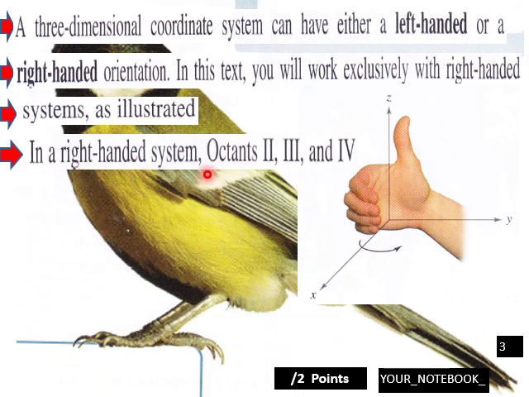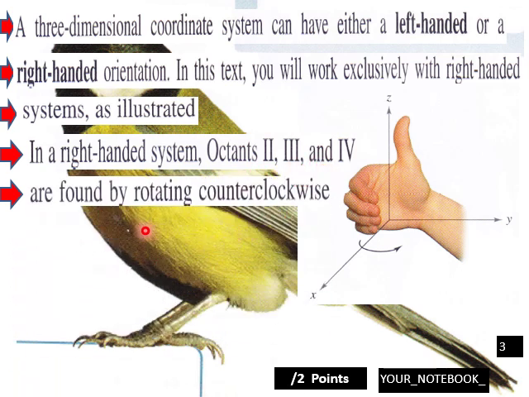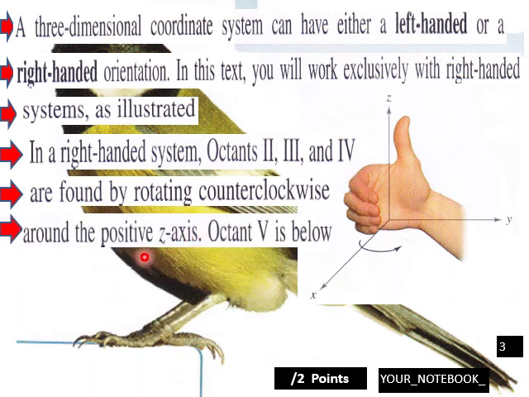In a right-handed system, octants 2, 3, and 4 are found by rotating counterclockwise around the positive z-axis. So this would be 2, 3, and then 4 would be here.